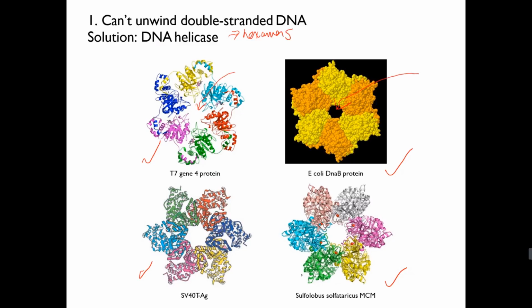You might imagine that this hole does serve a purpose, and it does. The DNA can actually pass through this hole. And I forgot to mention that all these hexamers are identical, so make a note of that. And they all have this central cavity.